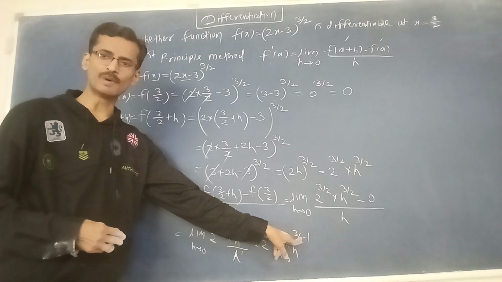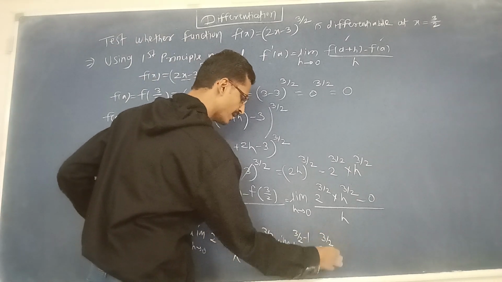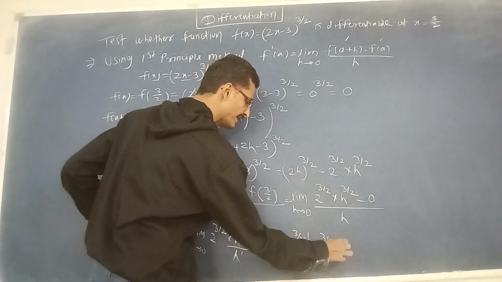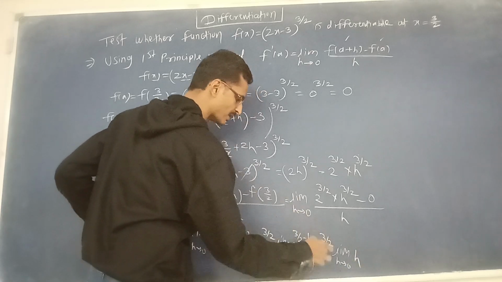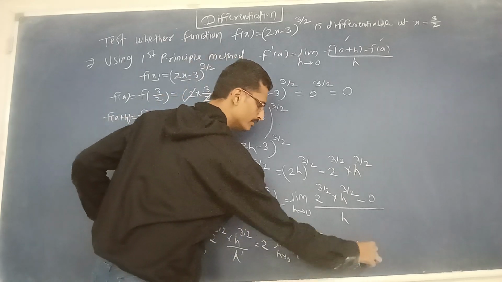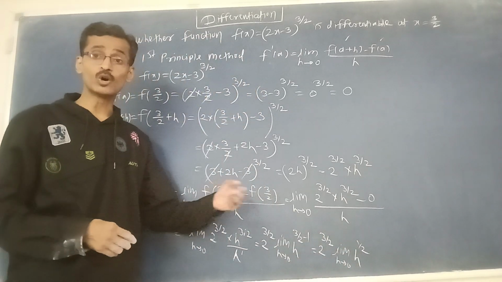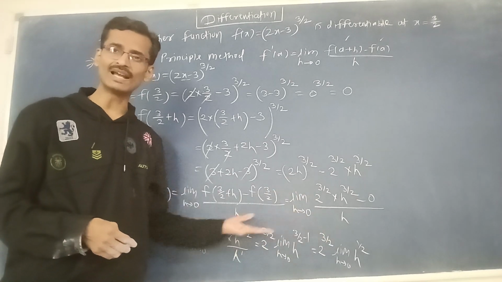Now what is 3/2 minus 1? Cross multiplication, 3 minus 2 is 1, 1 upon 2. So now there is no upon h. h^(1/2) upon 1 is there.